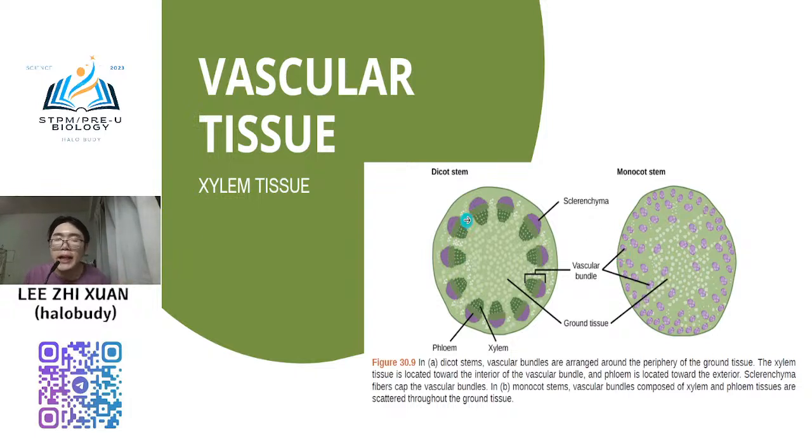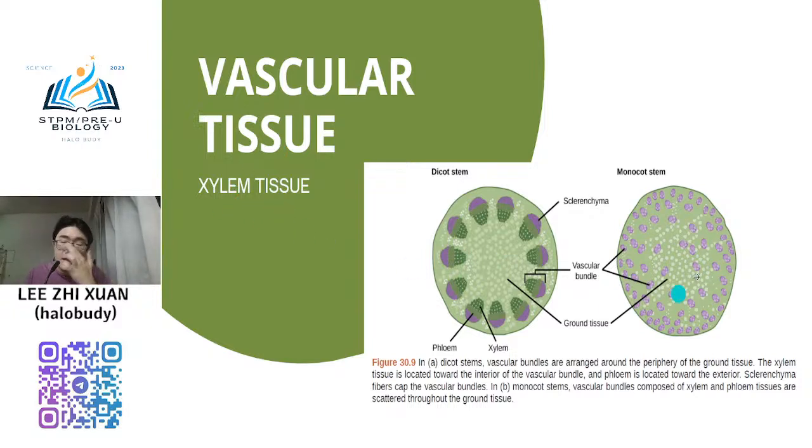But in plants the system involved in transport is vascular tissue. We know that there are two types of vascular tissue, right? One is xylem tissue and the other is phloem tissue. Both of them are involved in transport, but the function differs, as I mentioned before. Xylem tissue transports water and mineral ions, and phloem tissue transports organic nutrients. For today we will focus more on the xylem tissue.